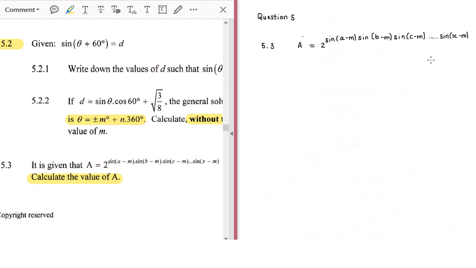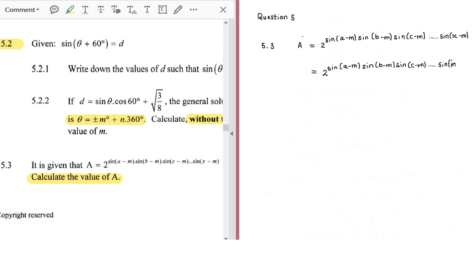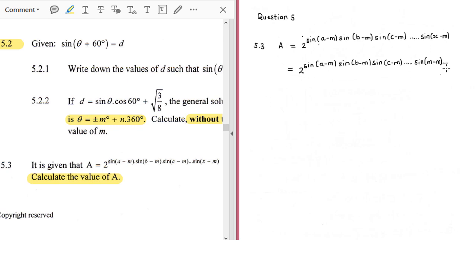But then realize that if it's going all the way up to an angle X, then obviously somewhere along this multiplication string, if we can call it that, we are going to have some product that is going to be the sine of some angle M minus angle M, and that will go all the way up to the sine of some angle X minus M.